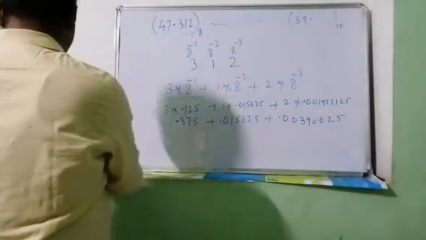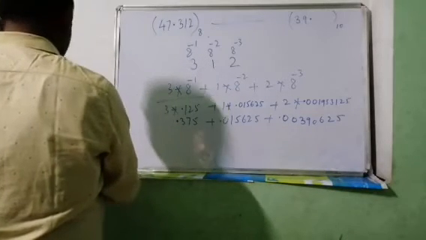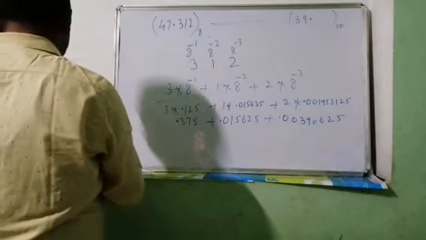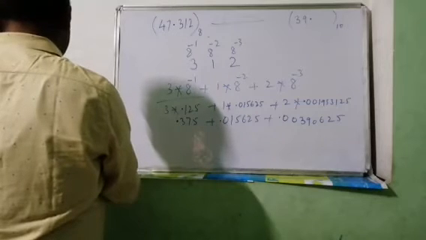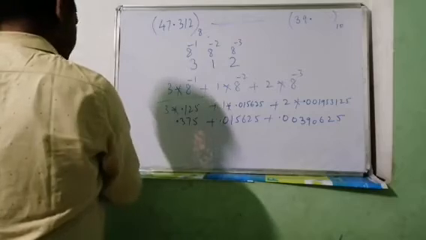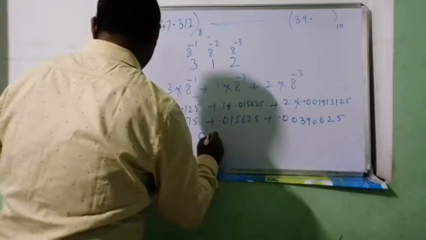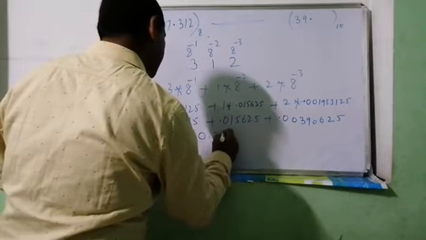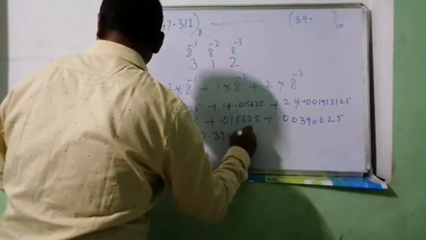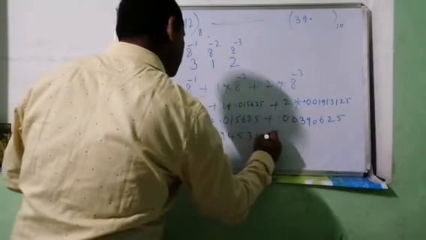We need to add all: 0.015625, 0.375, 0.3945 3125.